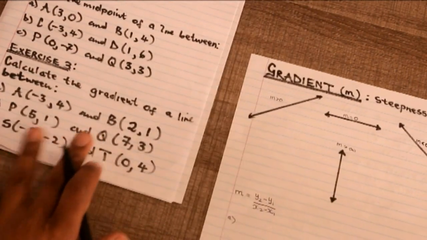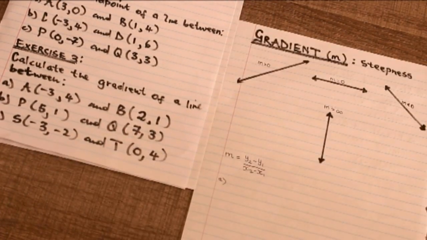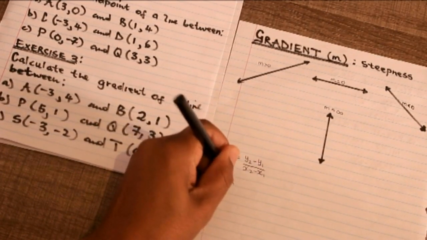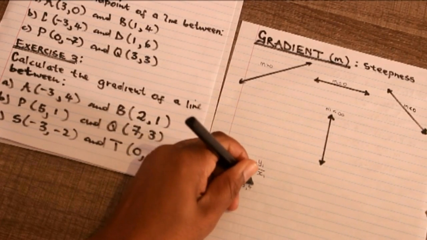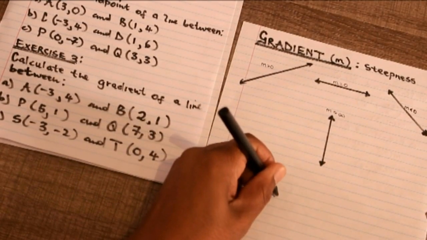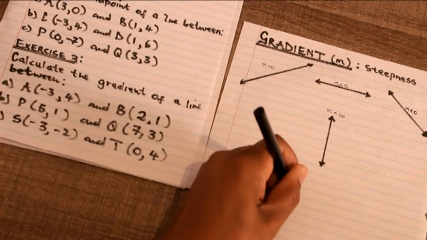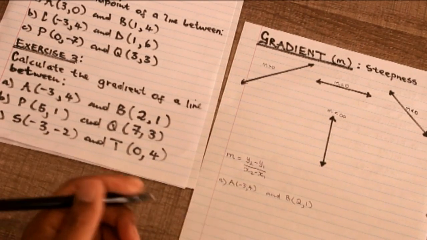I need some space here. Okay, I think it's clear now. Our A being negative 3, 4, and our B being 2, 1. So how do you get the gradient?